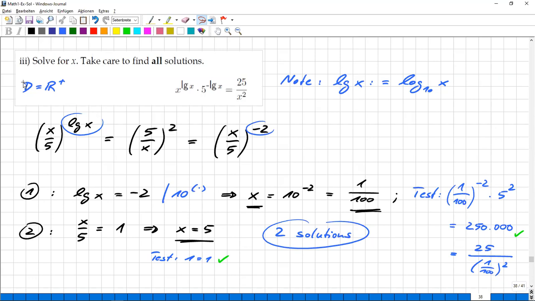So now, if you have a little practice with logarithms, you will immediately see that this 5 to the power of negative LG x is easily transformed into the reciprocal of 5 to the power of positive LG x.